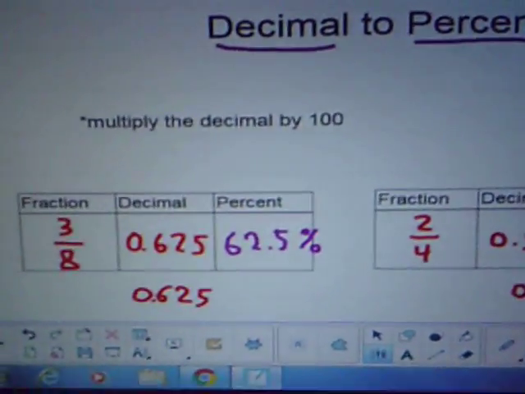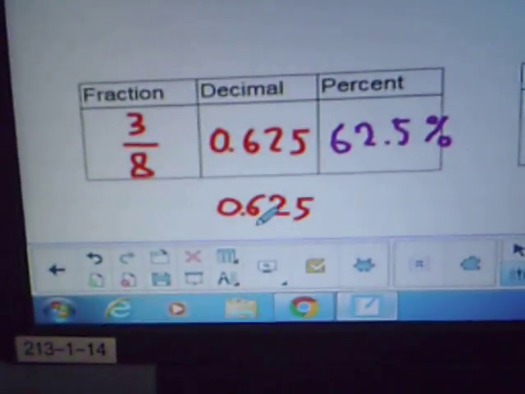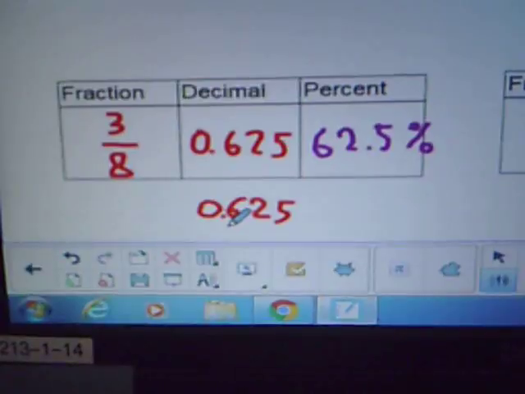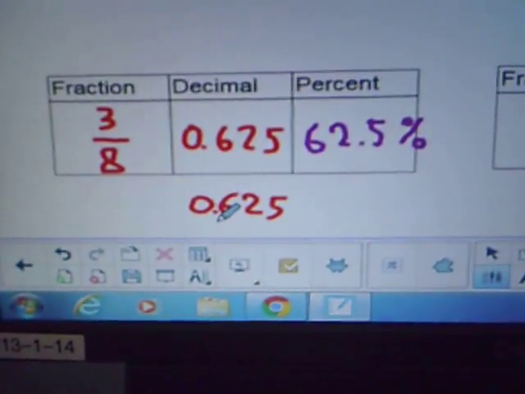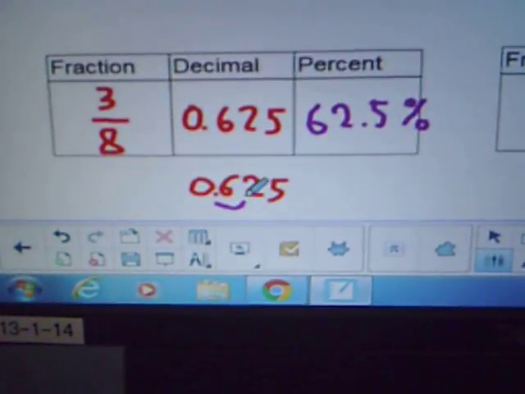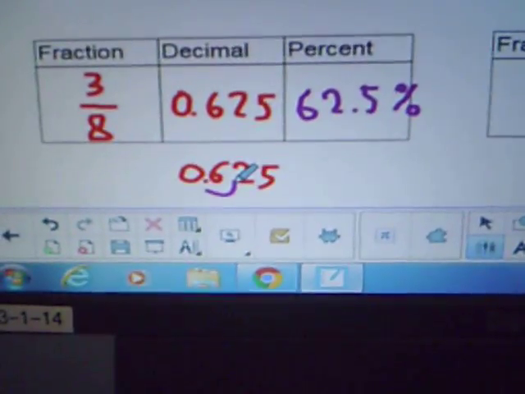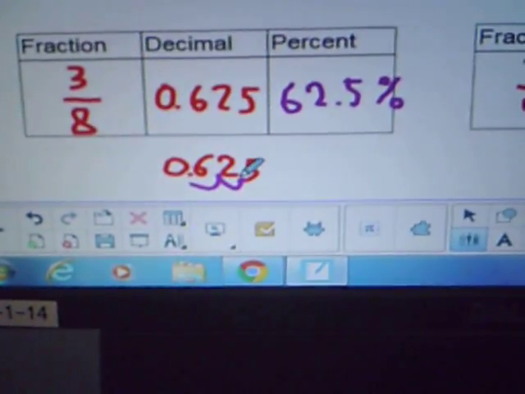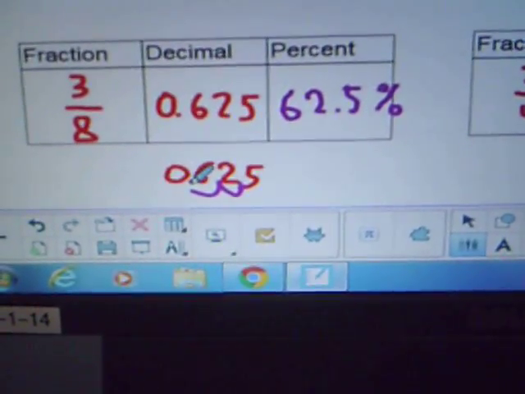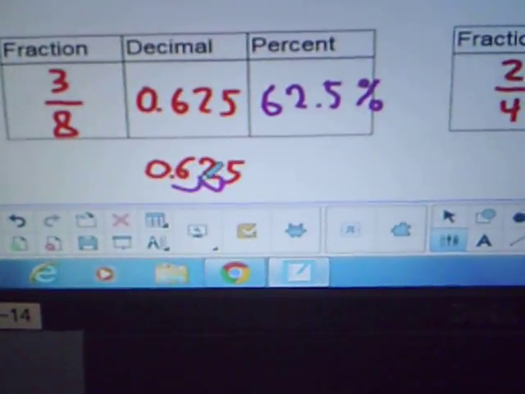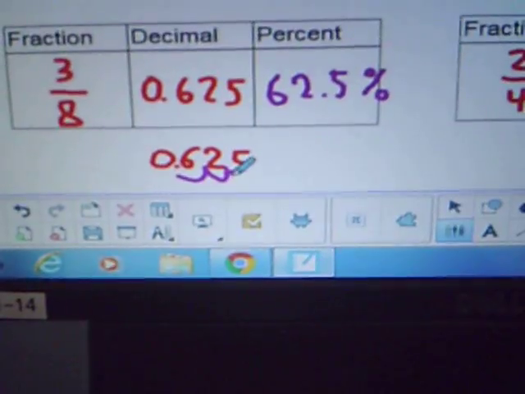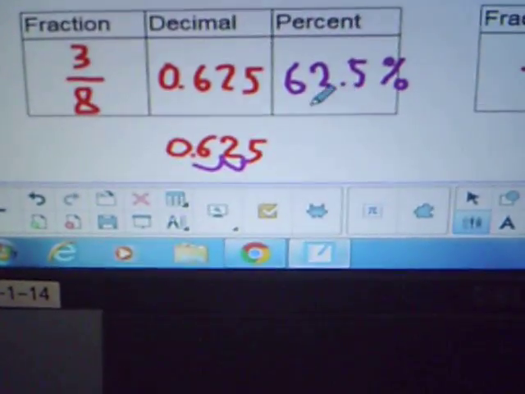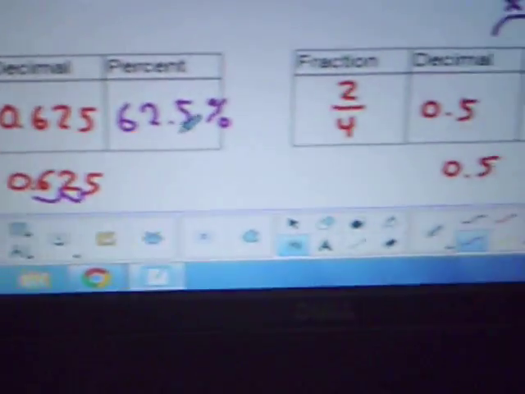Now, as you might have noticed, when we multiply a decimal by the value 100, one of the tricks we can use is that it actually moves the decimal point 2 spaces to the right. So instead of the decimal point being in front of the 6, when we multiply it by 100, it actually moves the decimal point 2 places to the right, and then add the percent sign, 62.5.